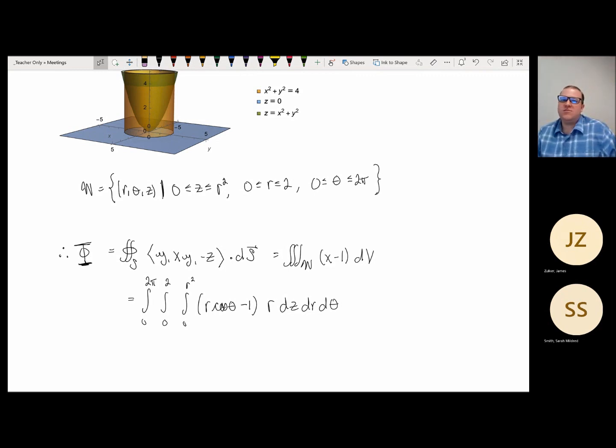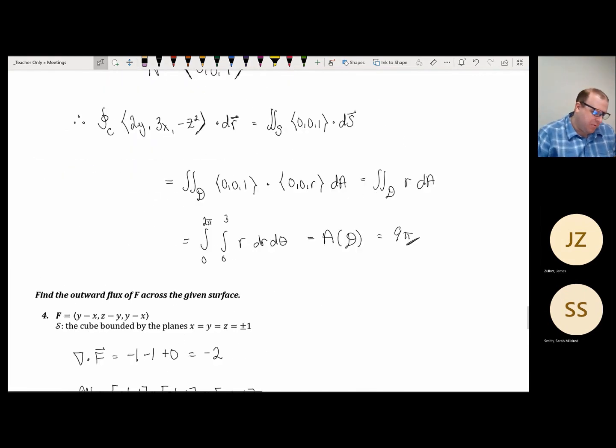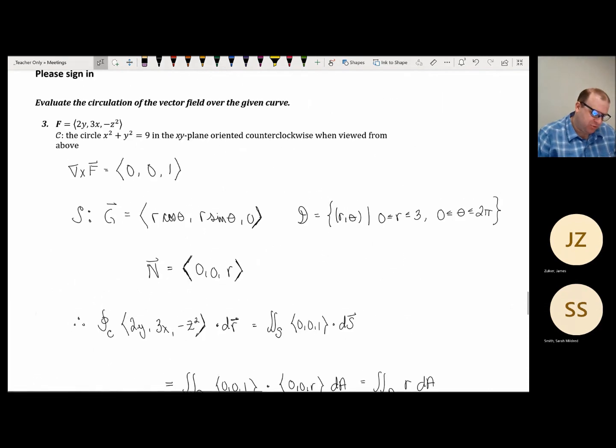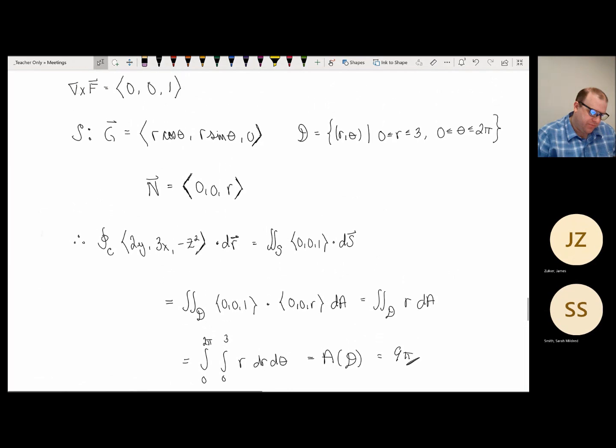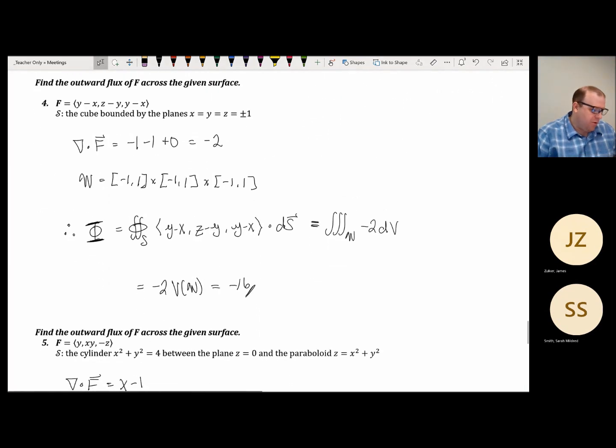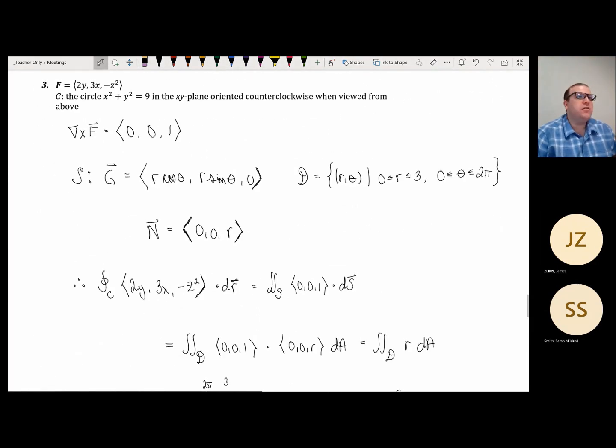If the divergence of F gave you something like x minus 1 and you had to convert, then you would put the r. Well, if you're talking about the previous one, we're not doing divergence, we're doing curl.